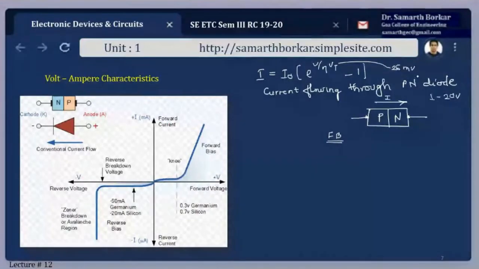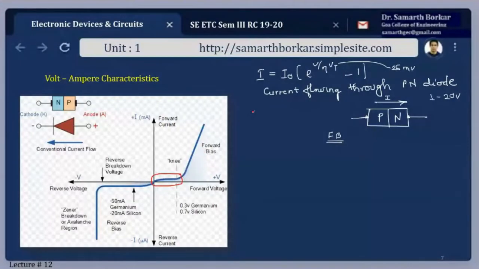So in that case, this parenthesis can be neglected, and accordingly, except for a small range in the neighborhood of the origin. If you look here, in the beginning, then the current increases exponentially from here on.